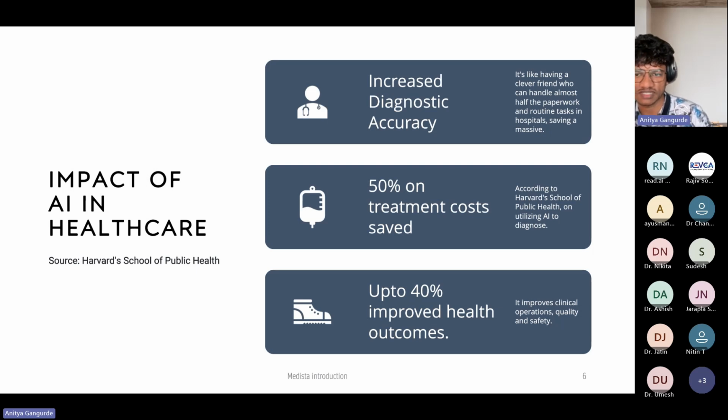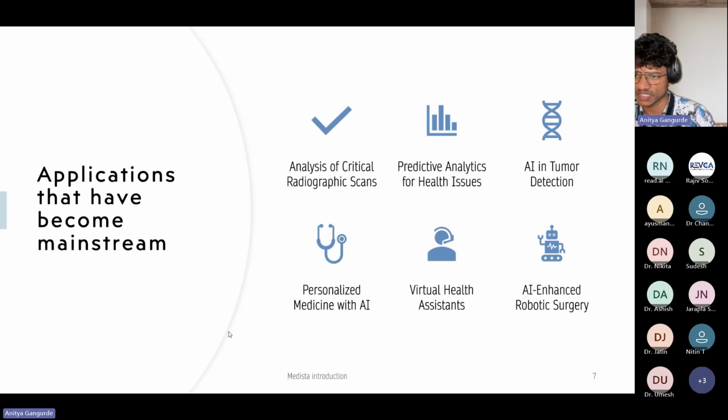This is also translating into treatment costs, and 50% of the money is being saved in that regard. Patients are noticing 40% improved health outcomes on the patient side. Overall, this has also led to multiple applications on the administrative side, where billions of dollars are saved every year just through AI applications. That is what the impact has been.